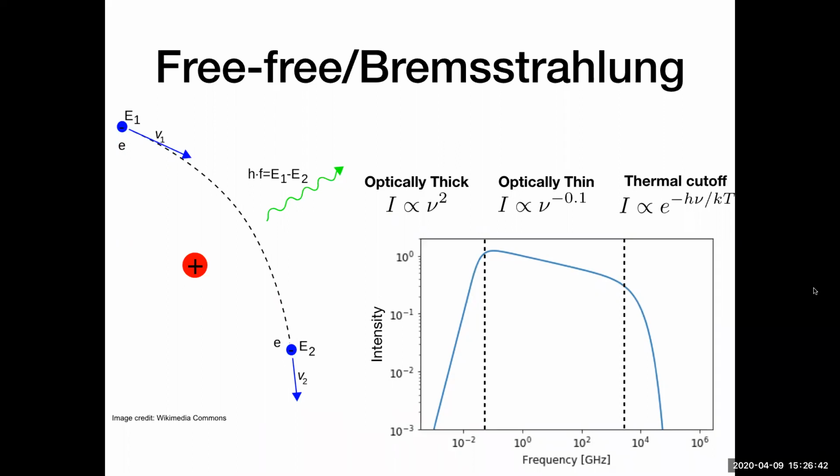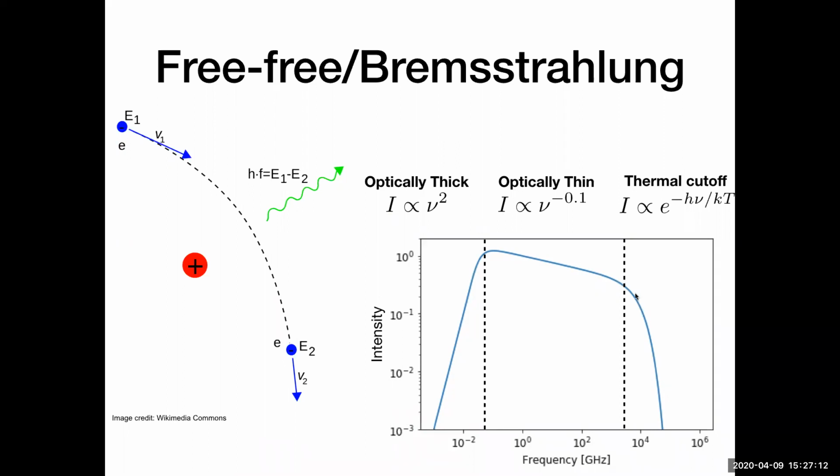And the spectrum is actually a little bit messy. In the high frequency regime, you have some sort of classical thermal cutoff, just because of the limited kinetic energy available from the particles that are interacting. So you get a typical Planck cutoff at the high end.